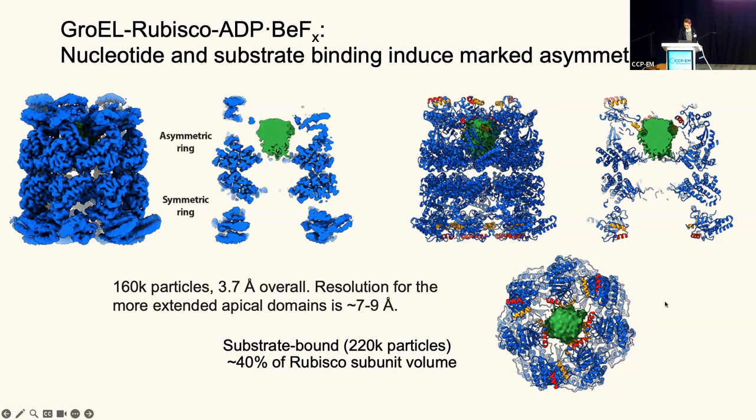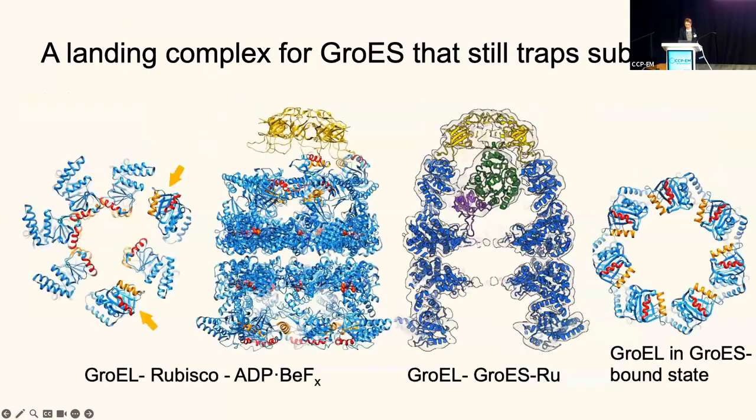And so this was a state where the GroES could land while the substrate was being held in, because we never knew why it just didn't escape, because you had to detach the substrate from its binding sites and put the cap on, and we didn't really know what stopped it escaping. So it looks like it really is a hybrid asymmetric structure which keeps holding the substrate while the GroES is landing.